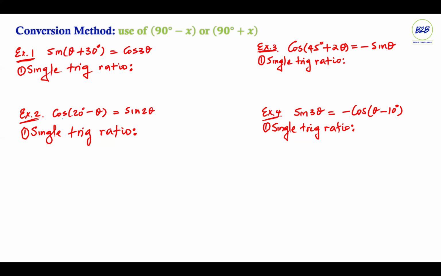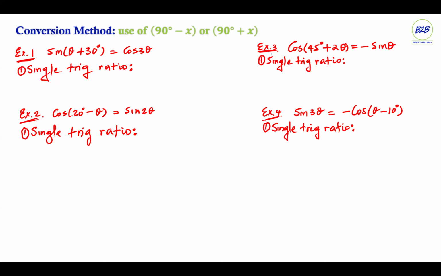Moving into the second example, we have cos of 20 degrees minus theta is equal to sine 2 theta. There are two trigonometric ratios here. Then the question is, how do we strive for a single trig ratio here?